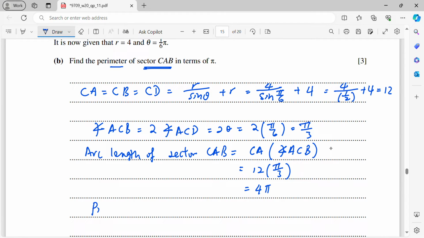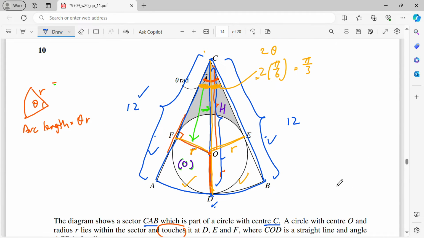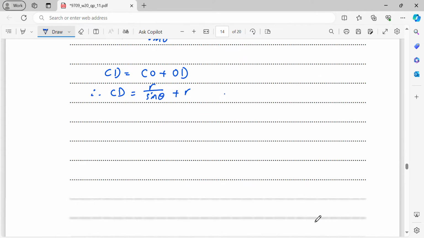So now perimeter of sector CAB equals to CA plus CB plus the arc length.